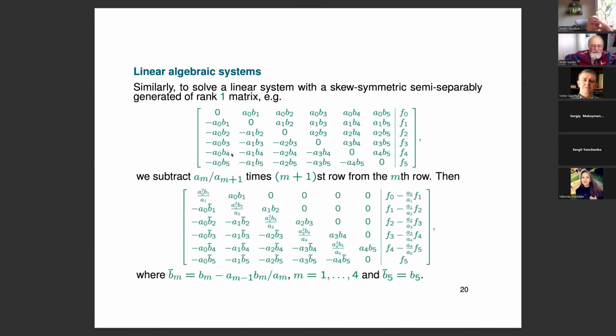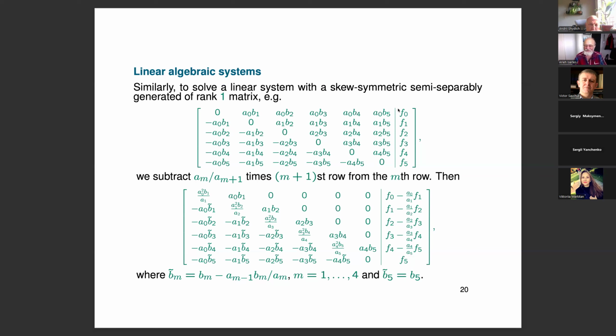Solving linear algebraic systems. The simplest thing to understand is to look at an example. Suppose that we have a 6 by 6 matrix here. So here is this matrix, and this is the right-hand side. I'm writing it in the compound form, the way we teach undergraduates to do Gaussian elimination.